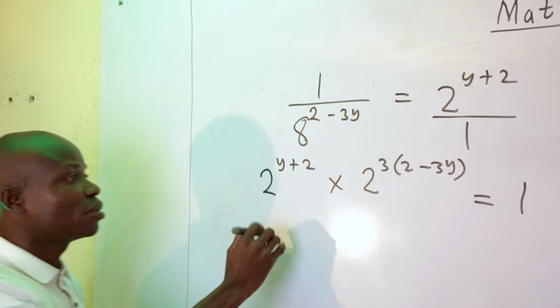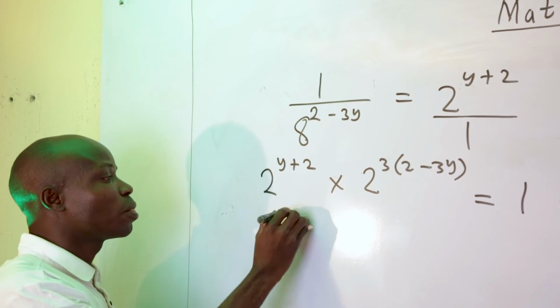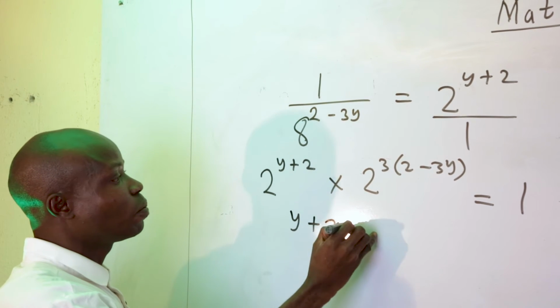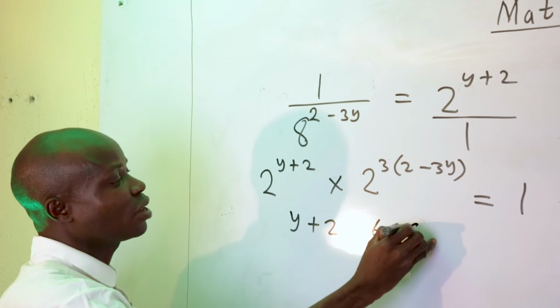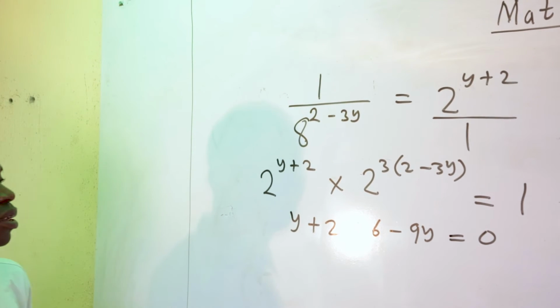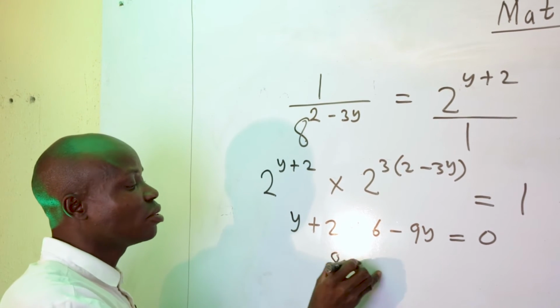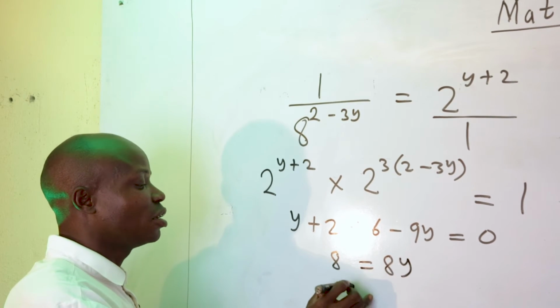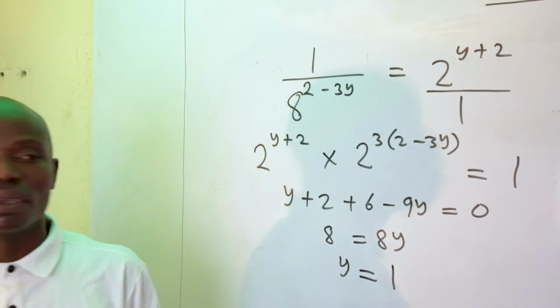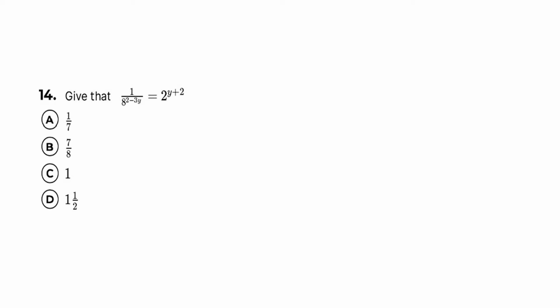So in such a case, we now add the powers, applying the first law of indices: y plus 2 plus 6 minus 9y equals 0. Simplifying this, we obtain 8 to be 8y, and the value of y gives us 1, which makes the correct option in number 14 to be option C.